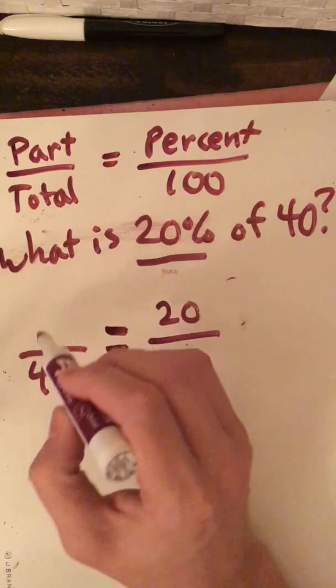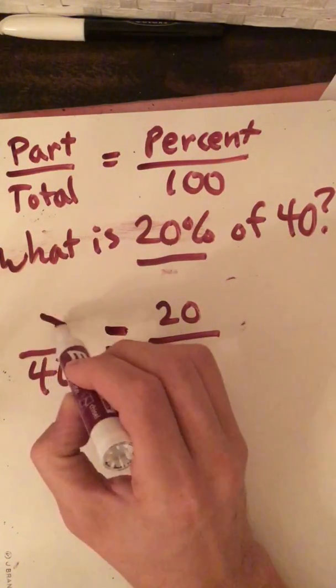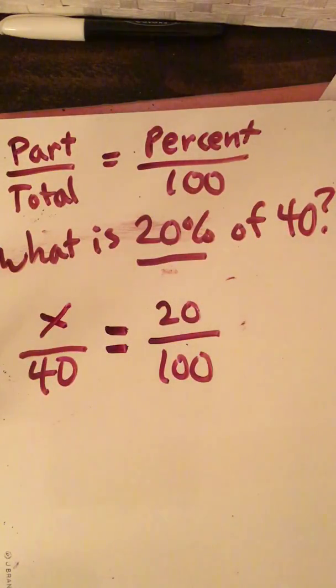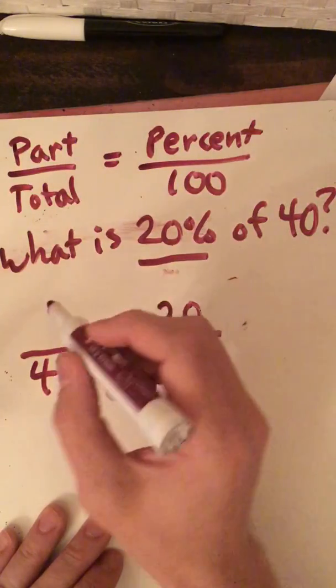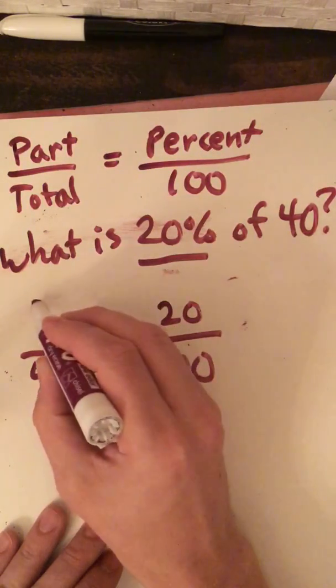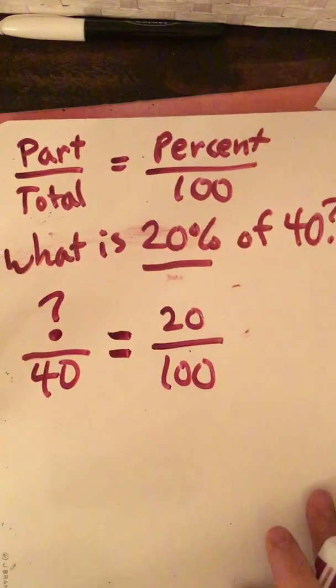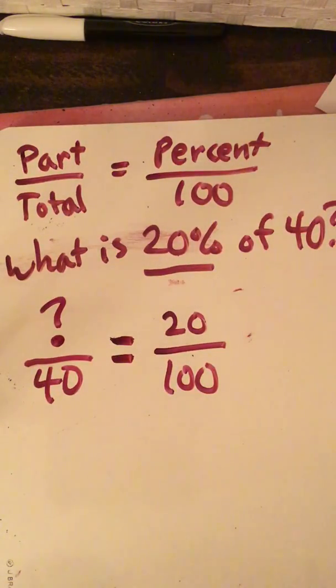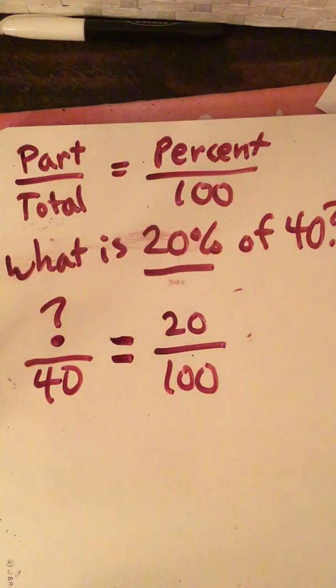So we can call this X. If you feel more comfortable not using letters, that's okay. We can use a question mark. Heck, you could even use a smiley face, and it wouldn't matter. It's just a symbol representing what you don't know. And we don't know the part. We want to know that part.